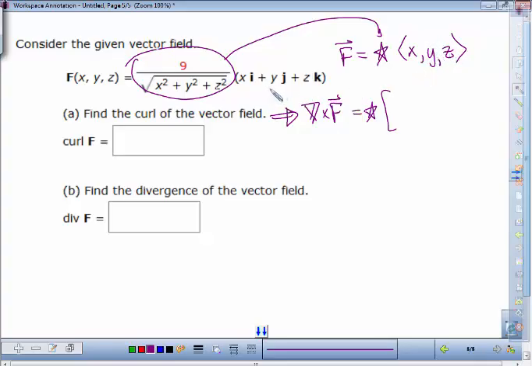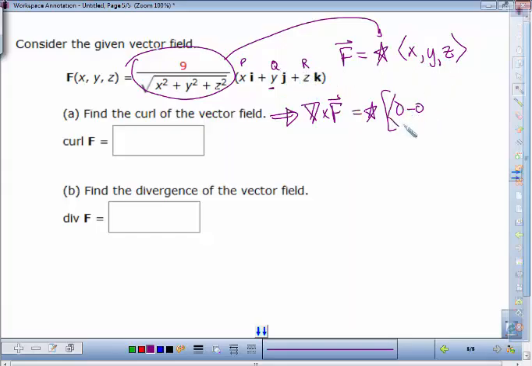So we can establish which one's your P and your Q and your R. So the partial of Q with respect to z is 0 minus the partial of R with respect to y, and then partial of Q with respect to z.